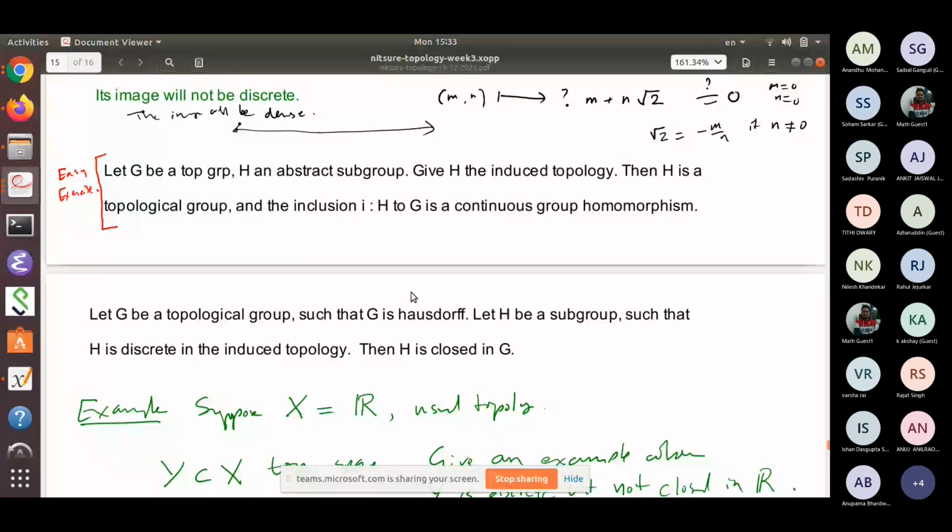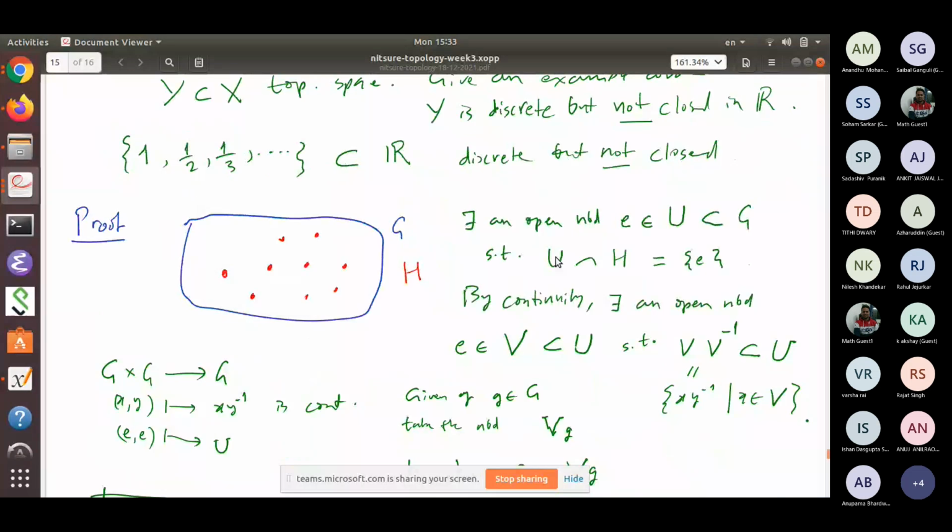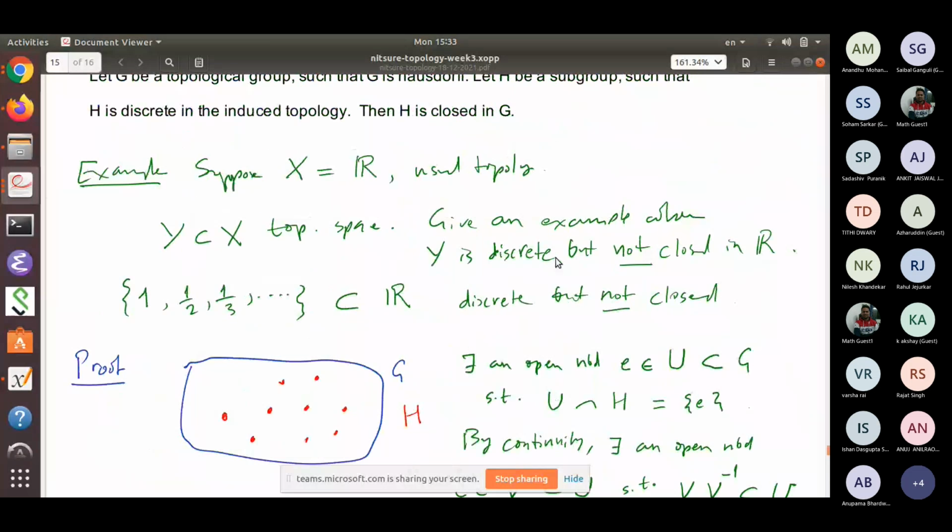Then we asked that if there is a topological group and H is a subgroup which is discrete in the induced topology, then H is necessarily closed. And we proved it using this argument, using a small neighborhood.